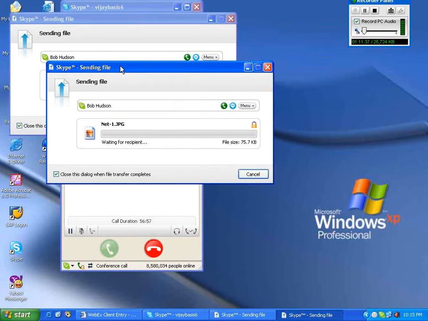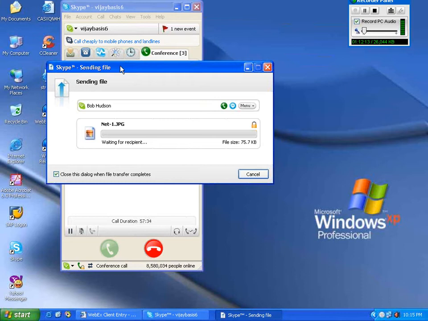One more file has to be accepted. Bob, you also accept 2 more files. You can accept simultaneously, at a time, instead of one by one, all the 3.